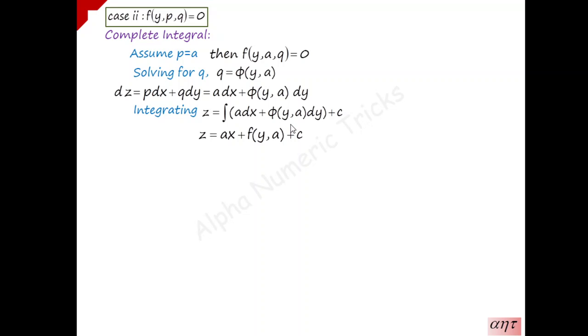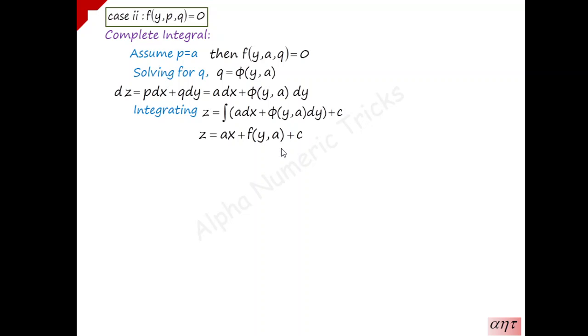The resulting term is a function of y and a. That's why we are using f of y comma a after integrating phi of y comma a dy, plus this constant of integration c. This is our complete integral for the case 2 problem, f of y comma p comma q is equal to 0. Now we have to find out the singular integral.